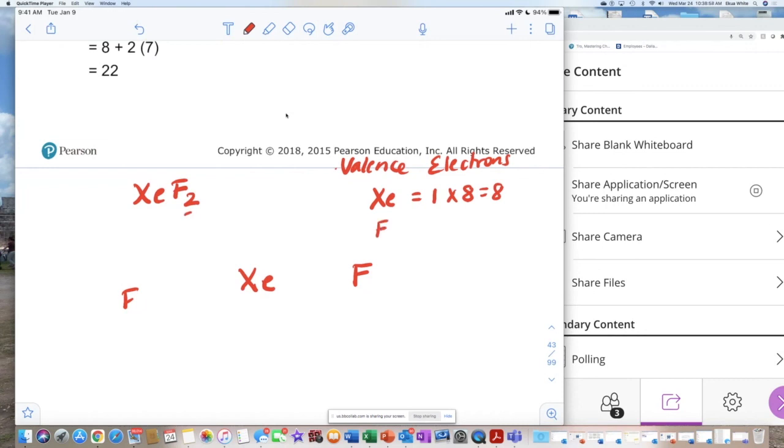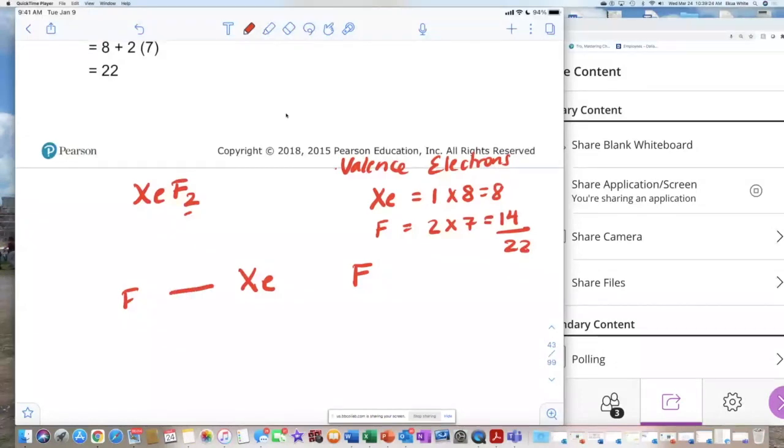And then in our formula, 2 fluorines, and each fluorine is in group 7. So 2 times 7 is what? 14. When I do all this chemistry, I forget the simple things, adding left to right, so I use my calculator to give my brain a break. 8 plus 14 equals 22. We have 22 electrons to distribute between these 3 atoms, right?